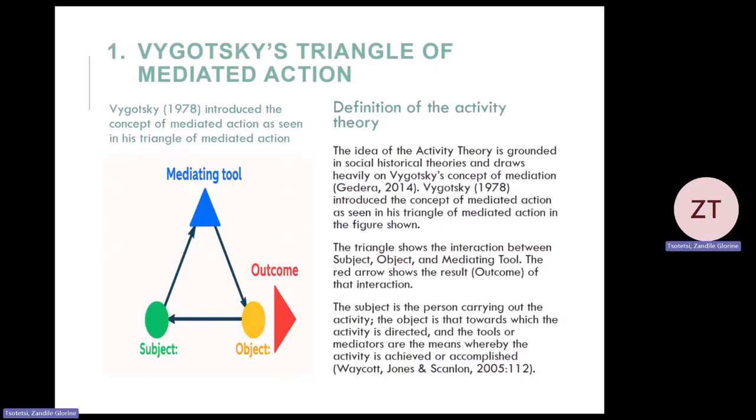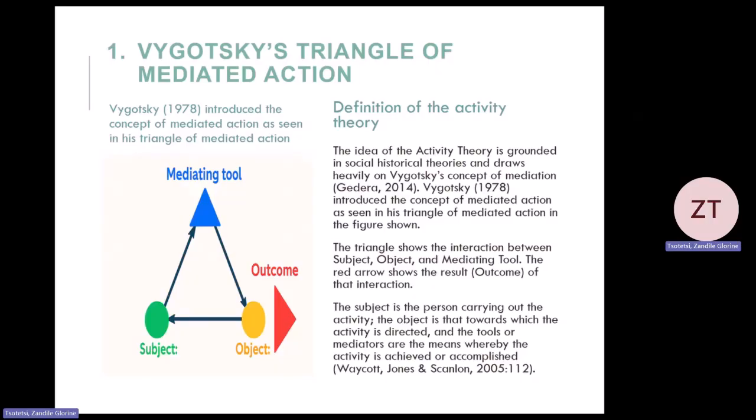The object is that towards which the activity is directed. In this case, the object is the learner, because that is where the activity being carried out by the teacher is directed.